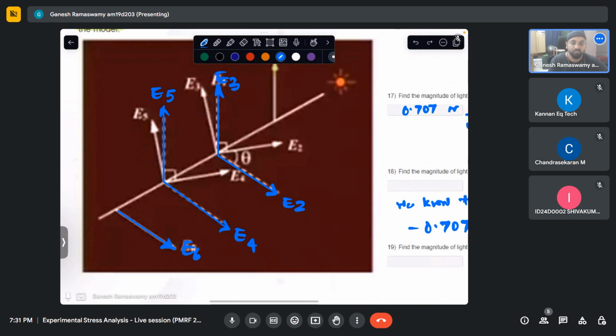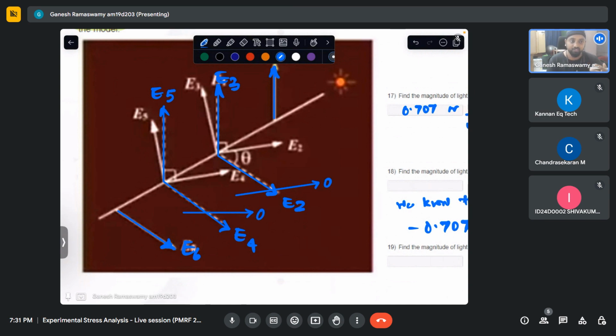I hope that is clear. What I mean to say is the light that was like this, it got fully resolved into E3 only. So essentially E2 here is 0. Similarly, E4 here is 0. So for E6, there is no light actually coming out.